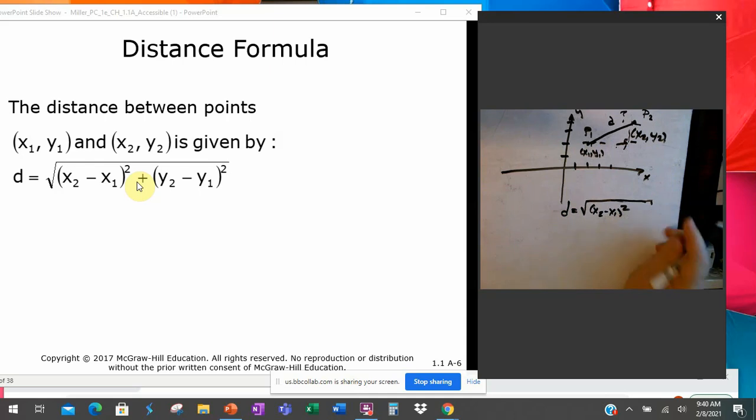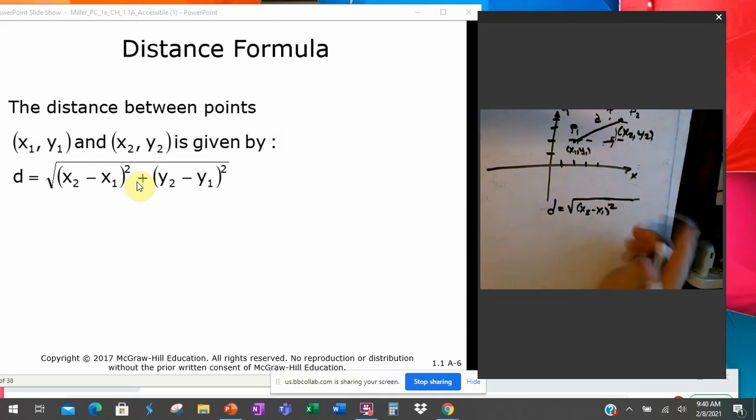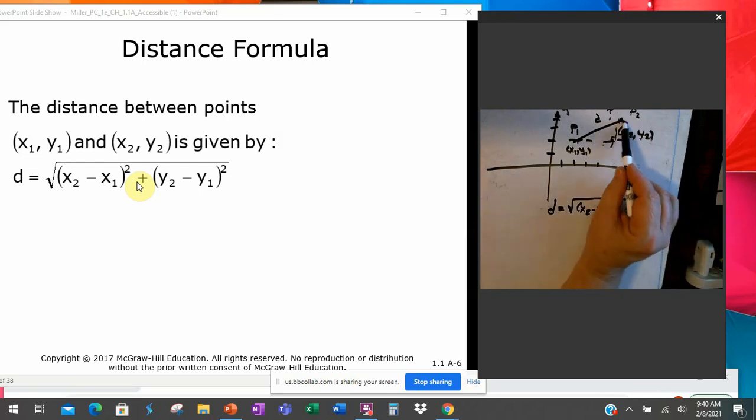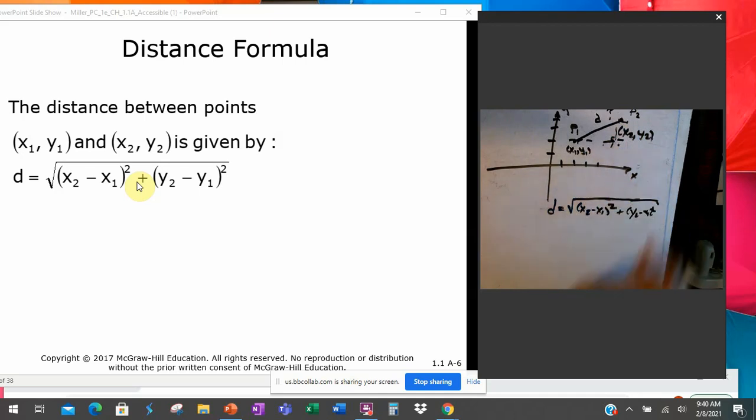I square it like the Pythagorean theorem, and then I'm going to add my y2 minus my y1, squared. That's this distance, the y2 minus the y1 here. Okay, and that's just the general distance formula. Let me clean this up a little bit for you.